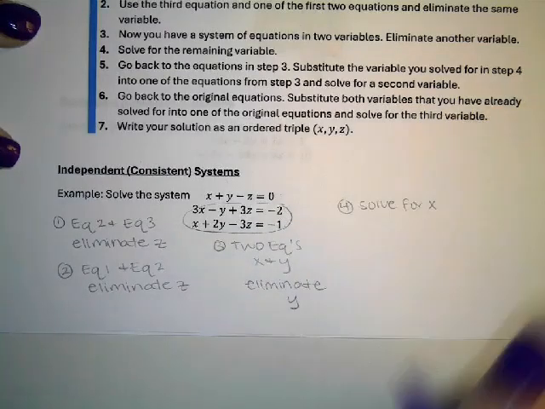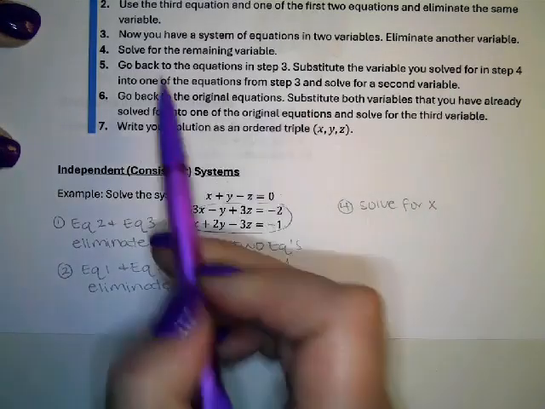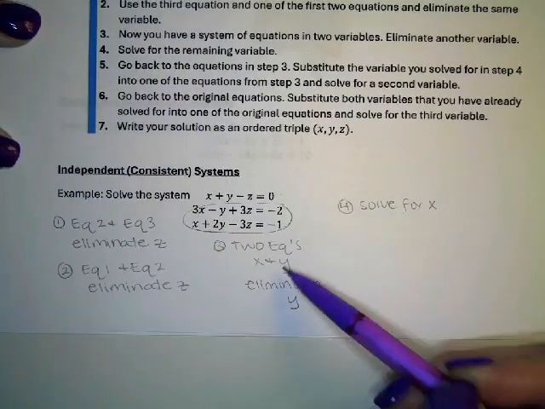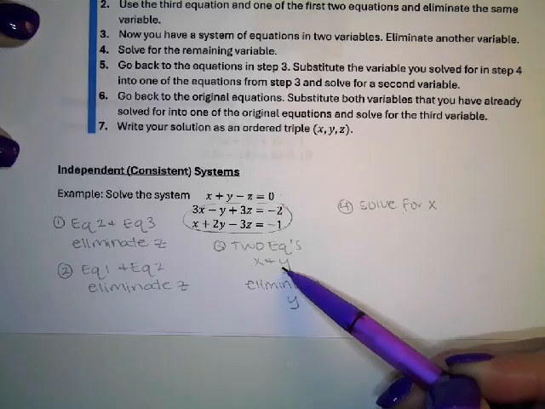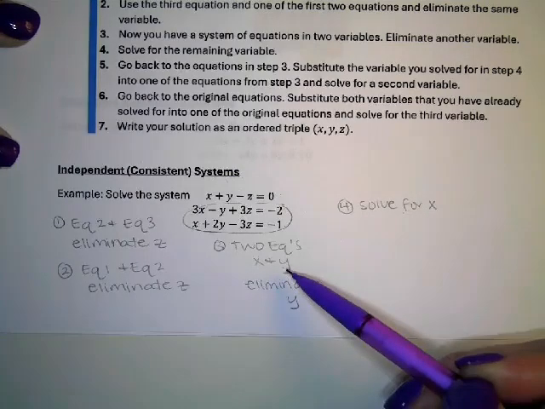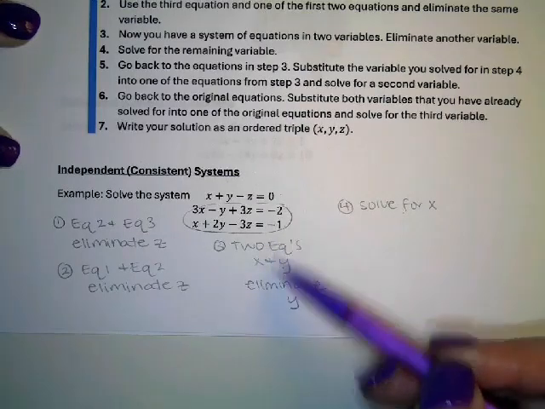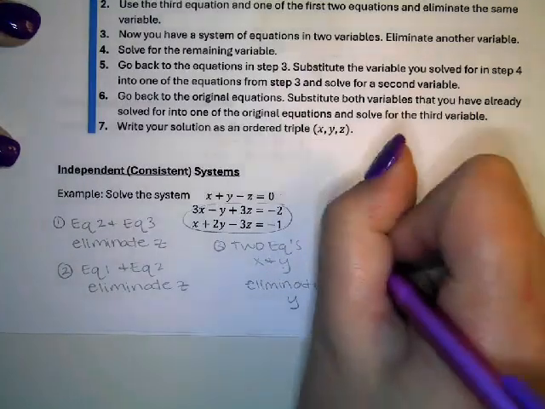When the y is gone, the x is the only variable left, and so that's what we solve for. And then we start to go backwards. Once we have x, we're going to go back to our two equations in terms of x and y, take the x that we solved for and plug it into one of these two equations. It's not going to matter which one. And then we're going to solve for y.